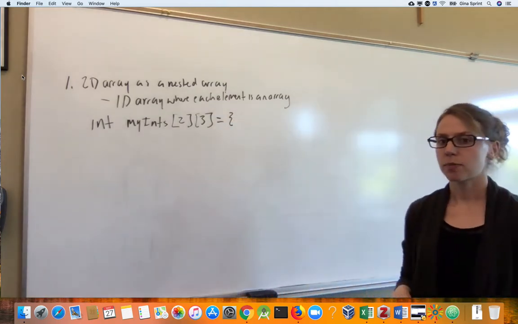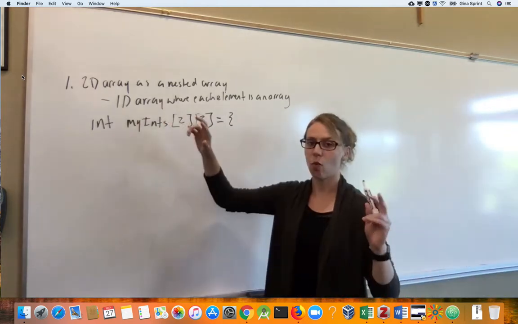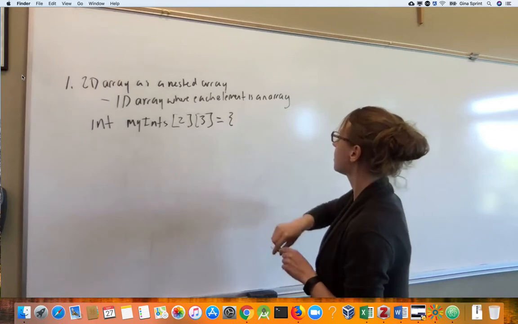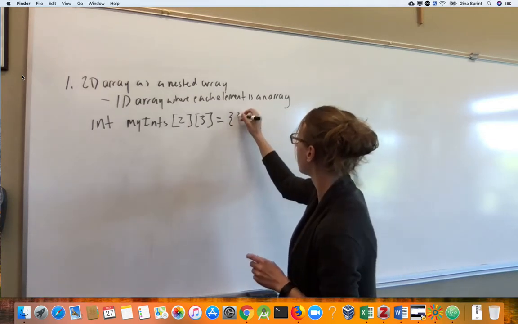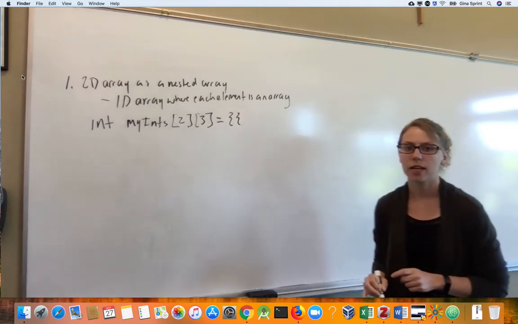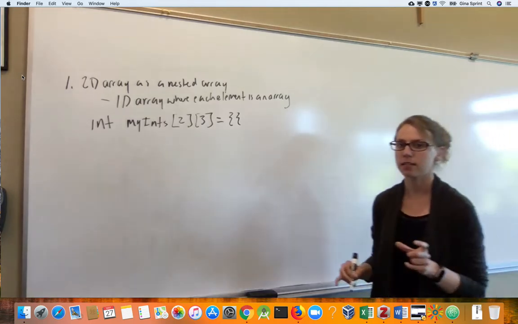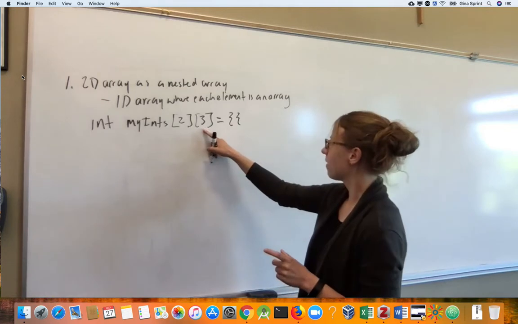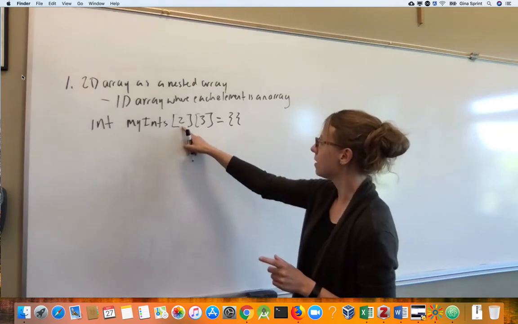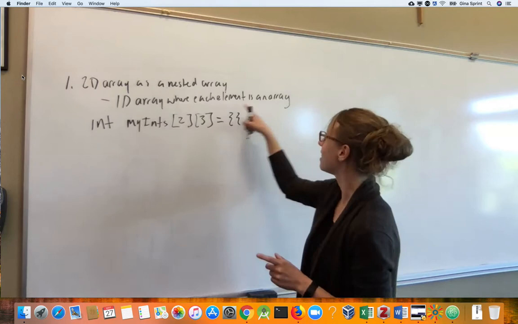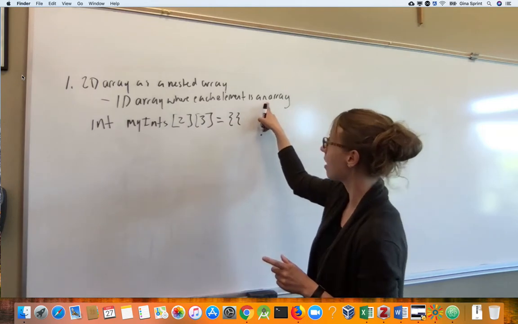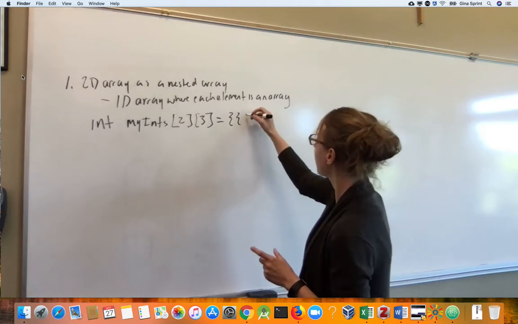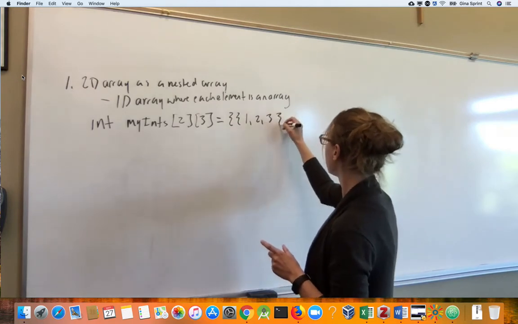So the first curly brace is for the 1D array. Each element of the 1D array is also an array. So I need another curly brace for the first element of my 1D array. And since I've specified that there are 2 elements in my 1D array, and each element itself is an array holding 3 items, then I've got to put 3 items in here.